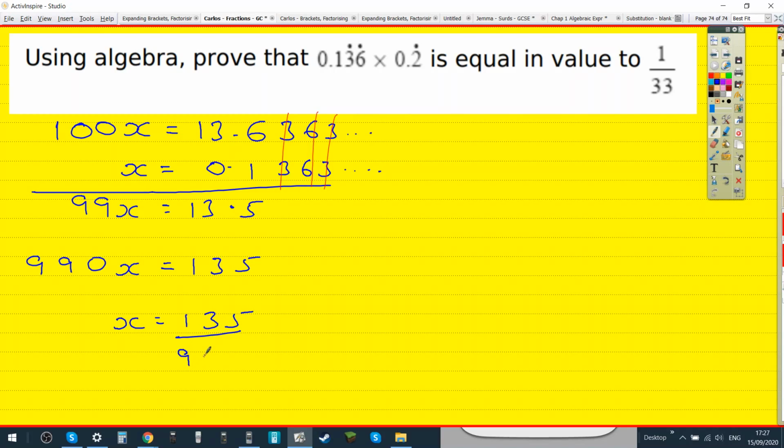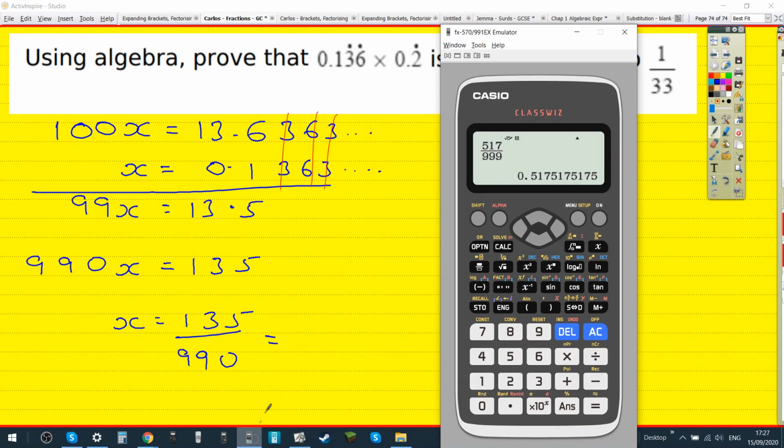And using what they said in the question, what do you think this simplifies down to? 1 over 33. Oh, hang on. The easiest way would be just to put it in our calculator at that point. 135 over 990. So that's 3 over 22.